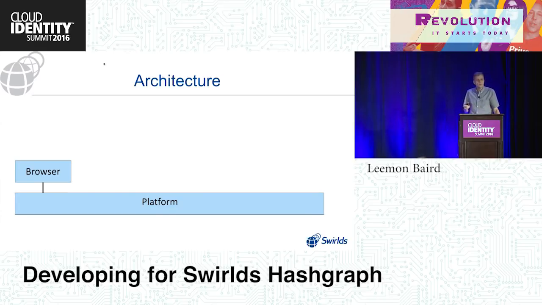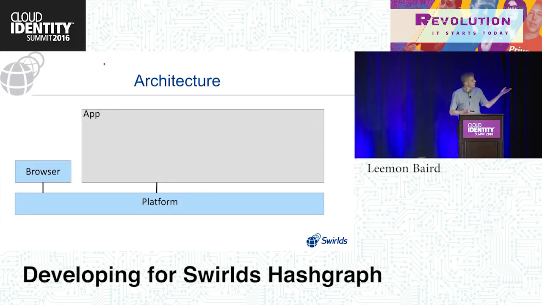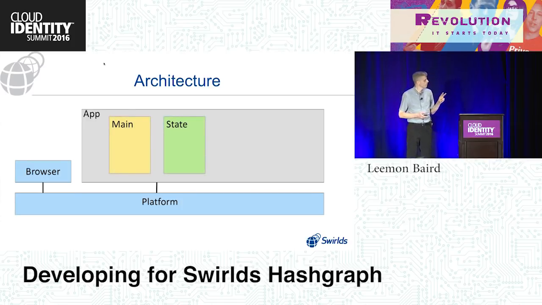Now, of course, what we want to do is build an app that can run on this platform. So here's your app. You're going to build this app to run on the platform. And your app, when you build it, has two parts. The app has two classes that you need to write in Java.